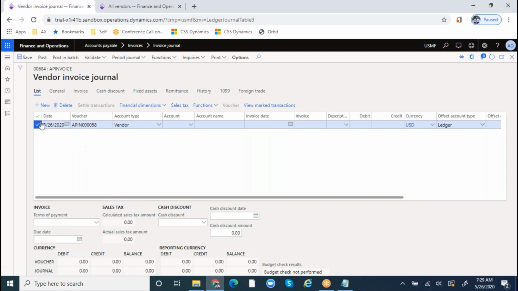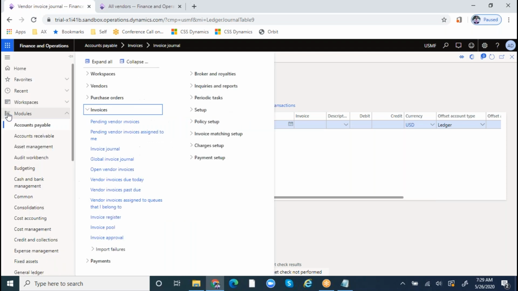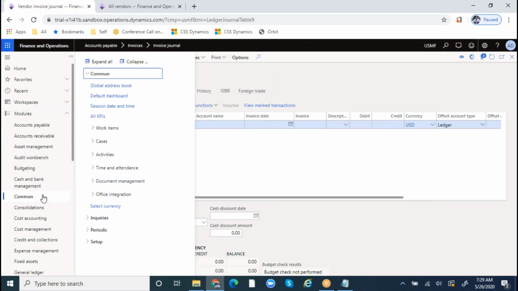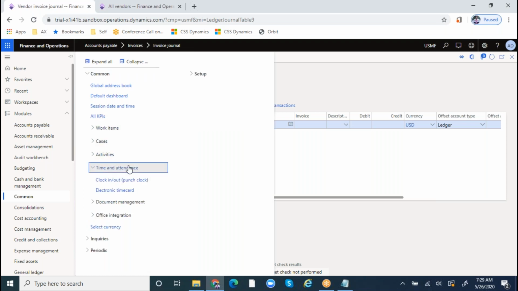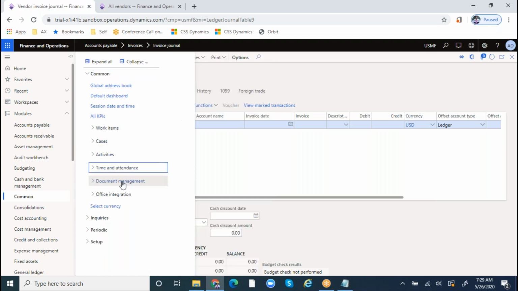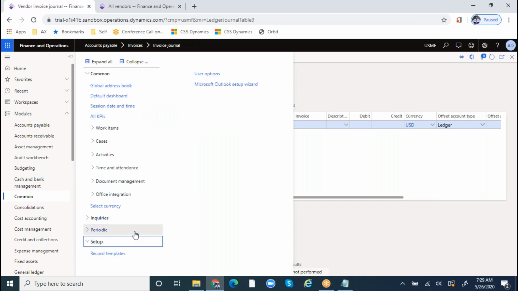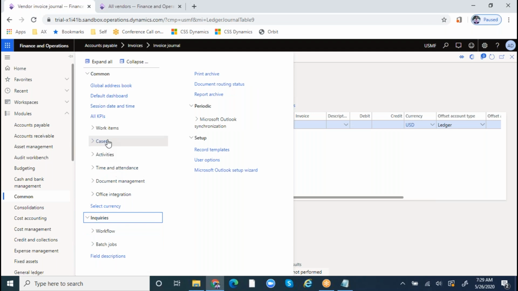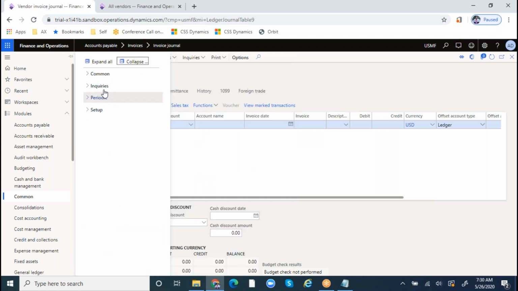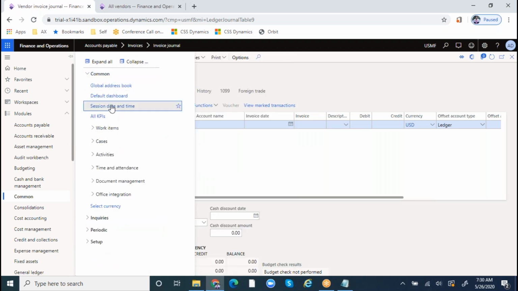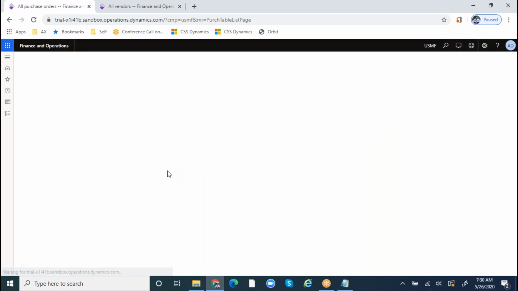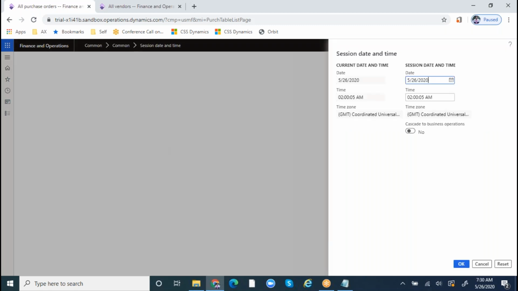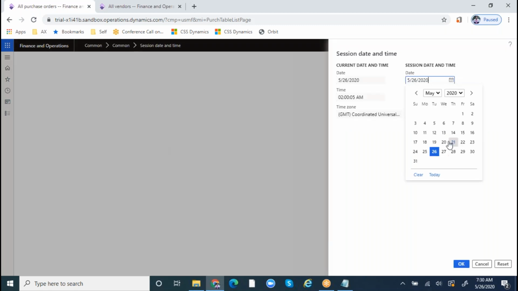So to change permanently, you have one more option called session date and time, under common. This date and time I can change it to 20th.